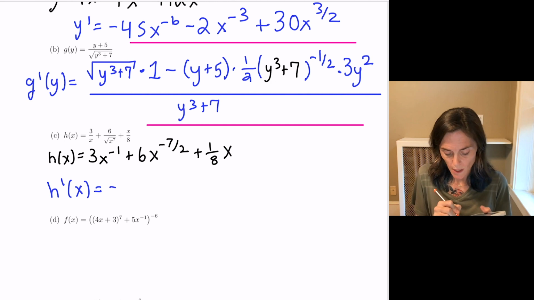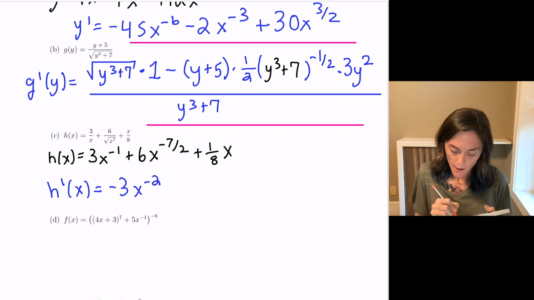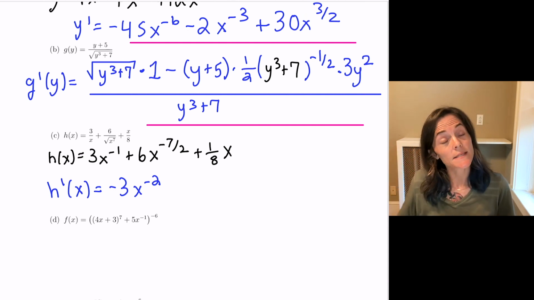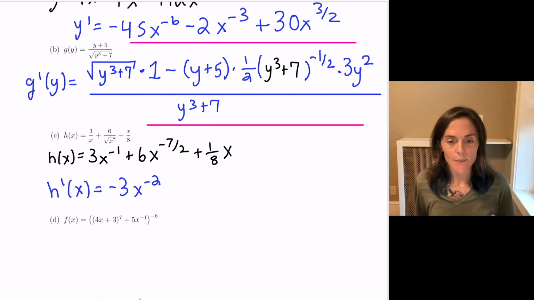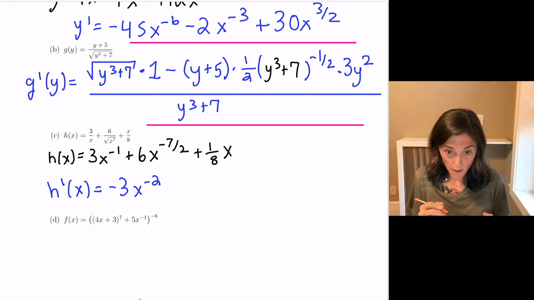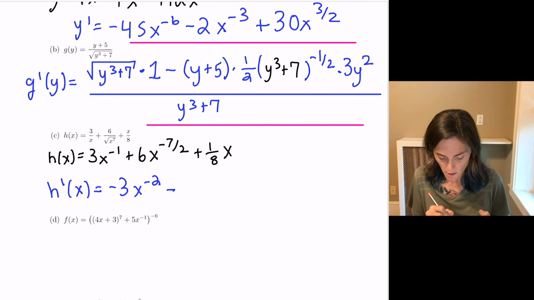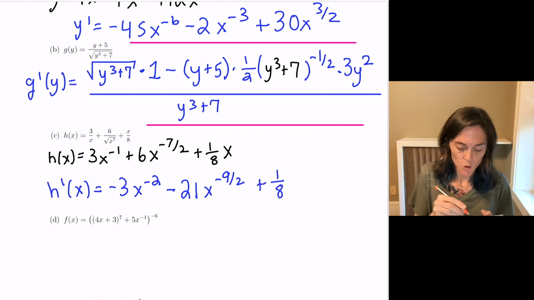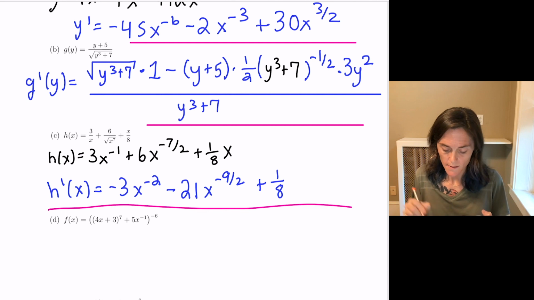We have minus 3 x to the minus 2. Here, when we bring down the power, 6 times negative 7 over 2 is the same as 3 times negative 7, which is minus 21 x to the minus 9 over 2, and then 1 over 8. Derivative of x is 1.